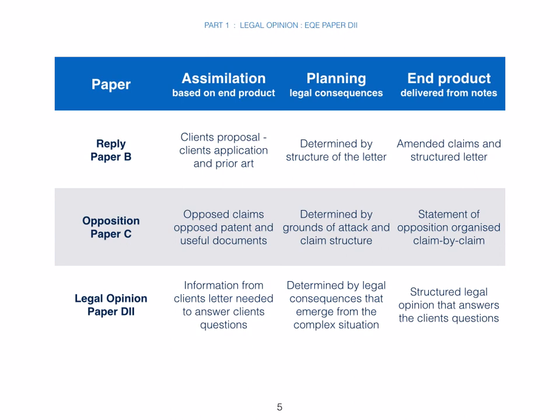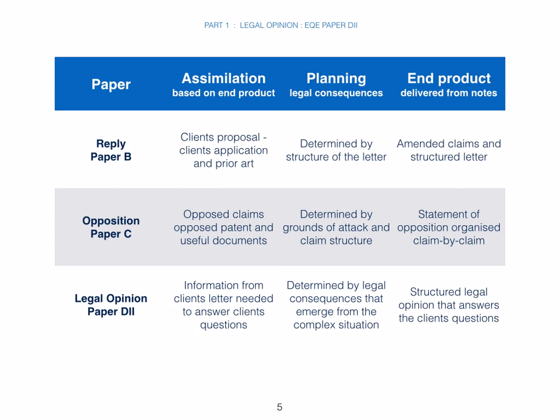And that organization of your end product is going to determine how you assimilate the materials to begin with, and how you do your planning, which is going to be determined by the grounds of attack and by the claim structure.